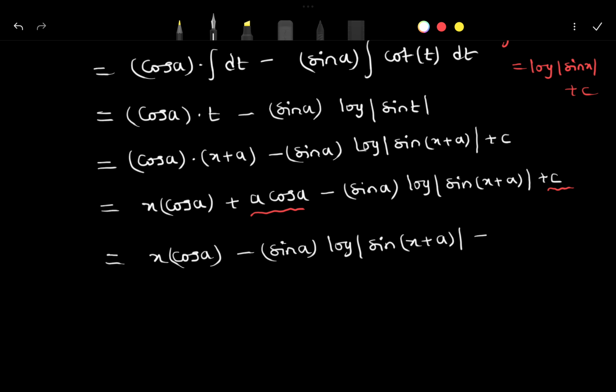Here, why are we taking again c? Here a into cos a is a constant and c is a constant. The sum of the two constants will also be a constant. That's why instead of a cos a plus c, you can write again c. So your final result will be x into cos a minus sin a into log of sin of x plus a plus c. So I hope everyone is clear on this problem.